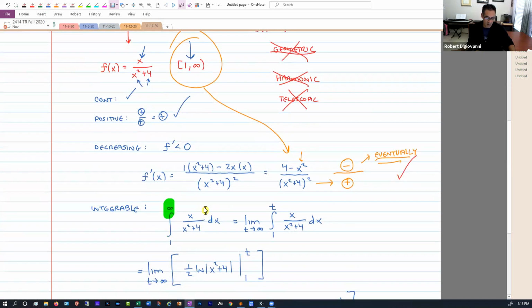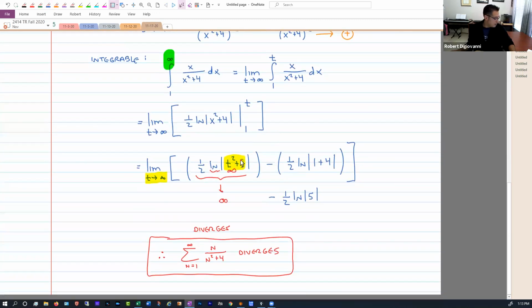If this integral had converged, that would tell us that the series converges, but it does not tell us what it converges to. As a reminder, there are only 2 types of series that we can ever find what it converges to. That's a geometric series, because we have a formula for it, and a telescoping series, because when we do all the canceling, we can take a limit and get a number.